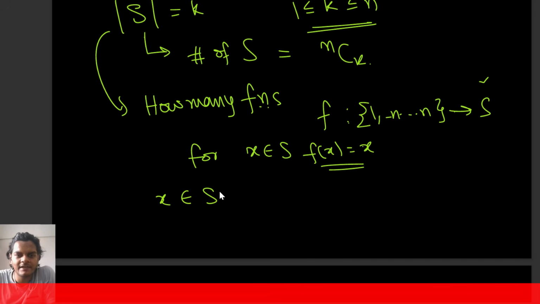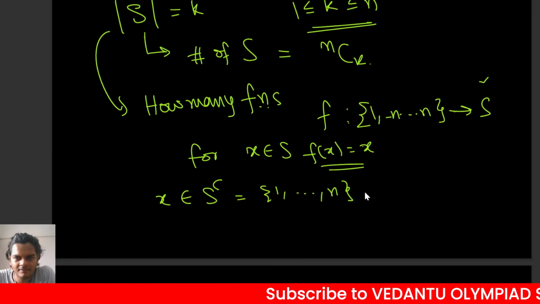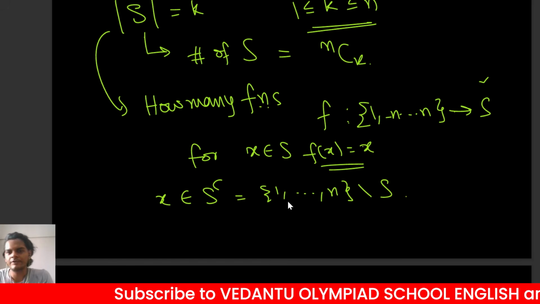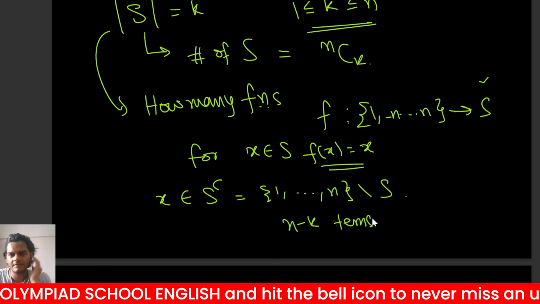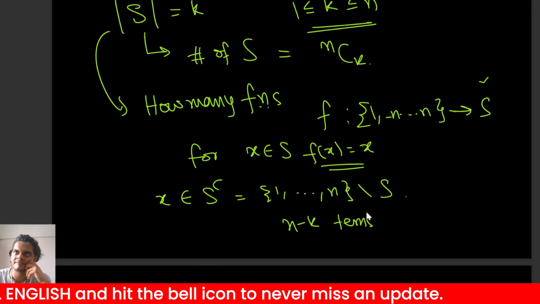belongs to S complement, which is 1 to n minus S, what do we do? There will be n minus k terms. What do we do with these n minus k terms?